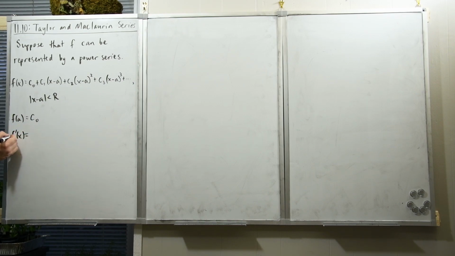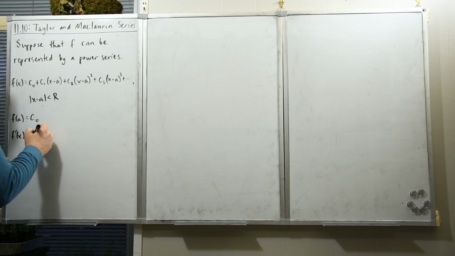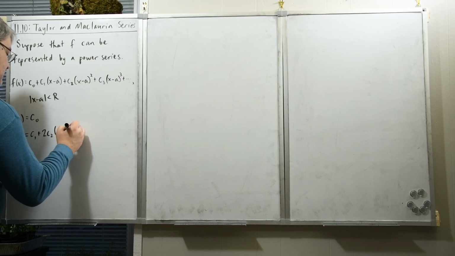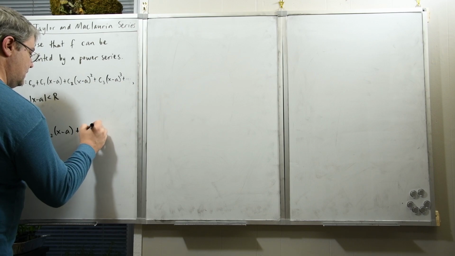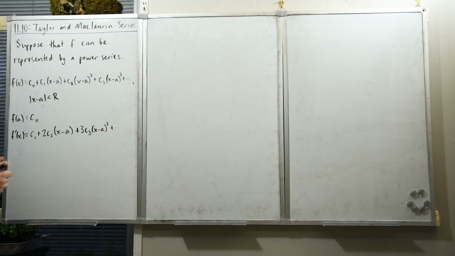And so if you take a look at f prime of x, the derivative of c sub 0 is 0. The derivative of c1 times x minus a will be c1. And then we'll have a 2c2 times x minus a plus a 3c3 times x minus a raised to the second power, and so forth.